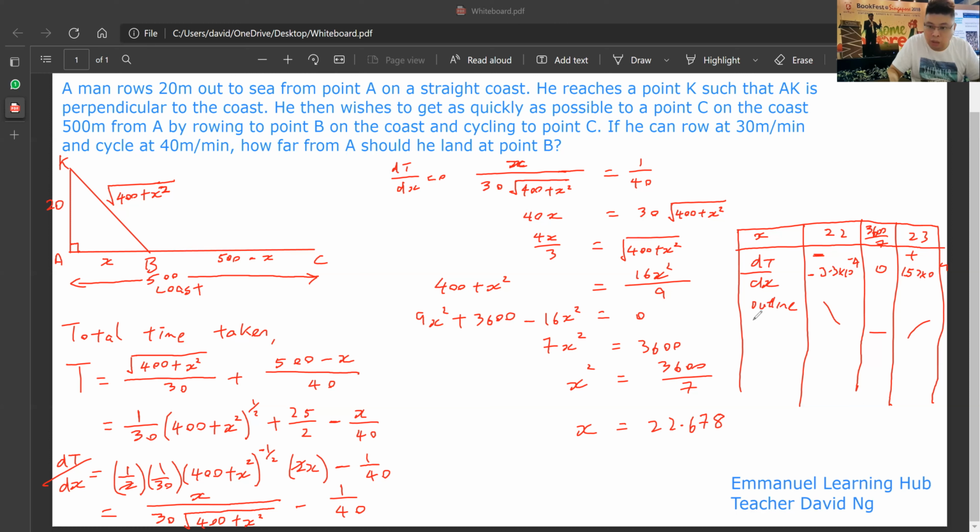So this is the outline, sketch of tangent, and this is the outline of the graph. Outline of graph will be like that.